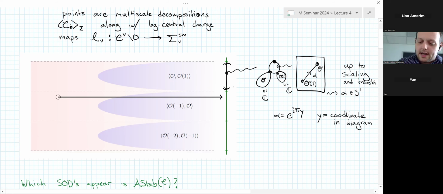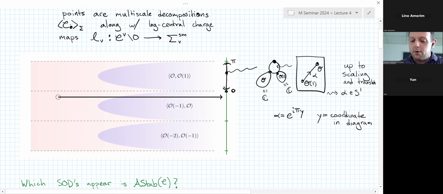Let's say this is 0 and this is pi. So what's basically happening is that alpha is e to the i pi y, varying between 0 and pi. And then the interesting thing happens at this point.